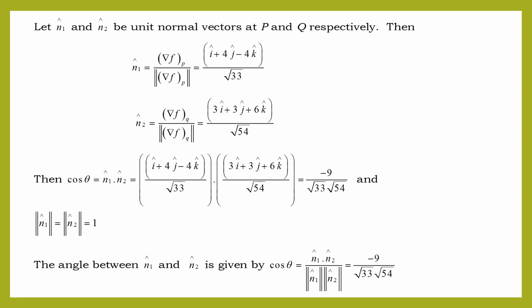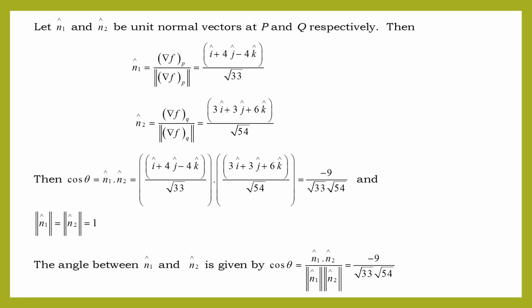For example, what is the norm of n1? The norm of n1 equals the norm of (i + 4j − 4k) by root 33, which equals root 33 divided by root 33, which equals 1.